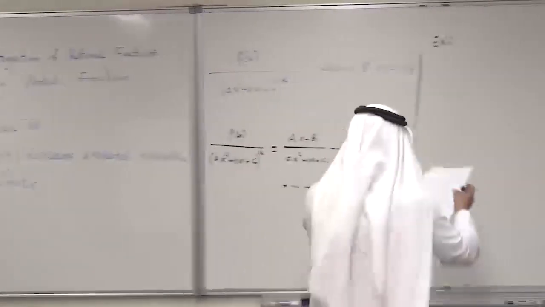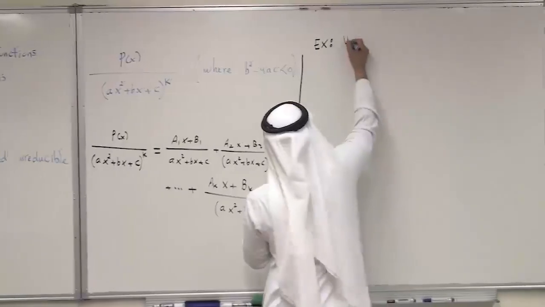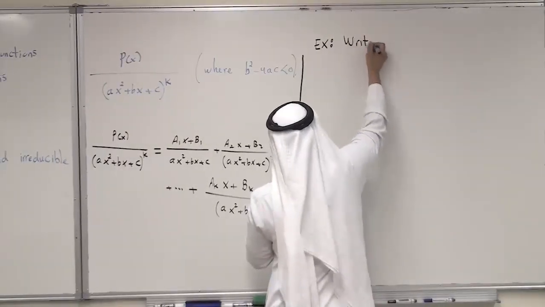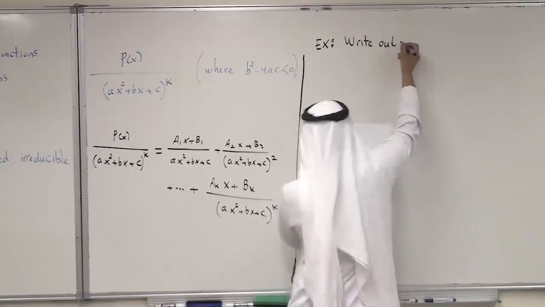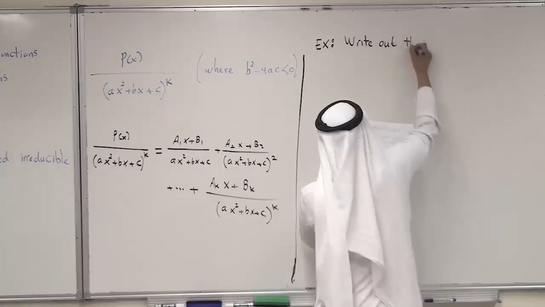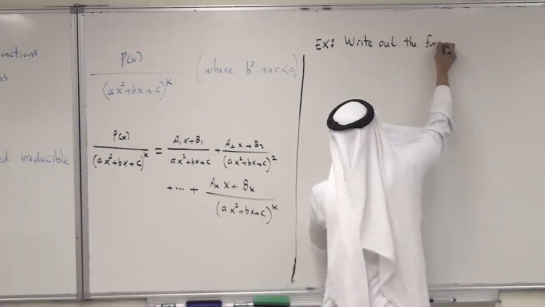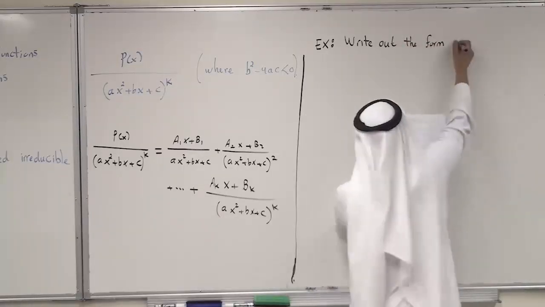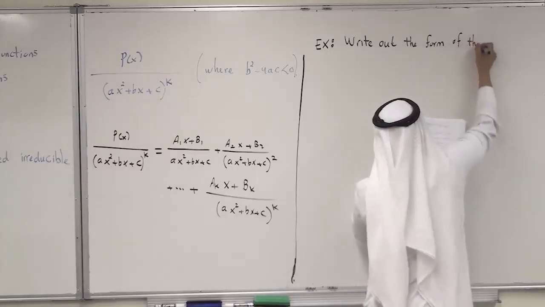So this question says only write out the partial fraction decomposition form of the following function. Only the form, do not calculate, only the form of the partial fraction.